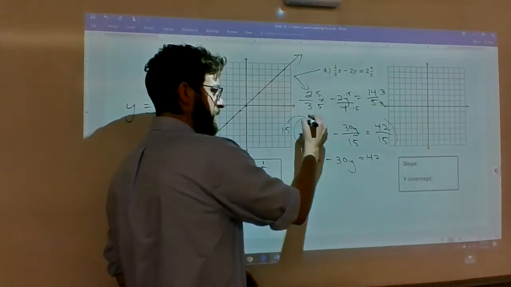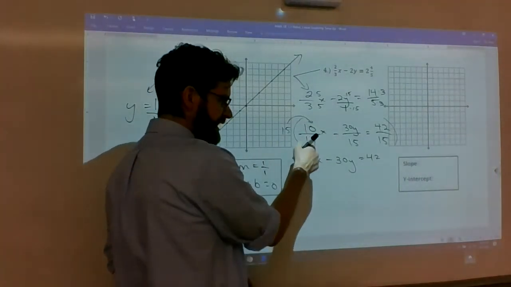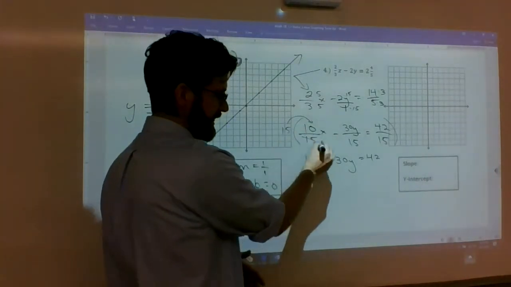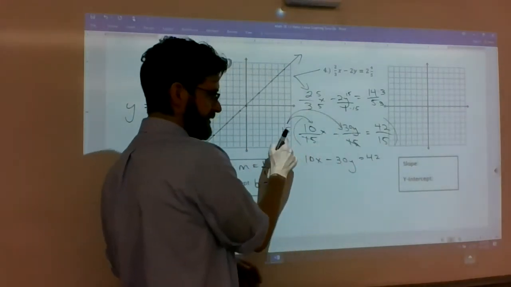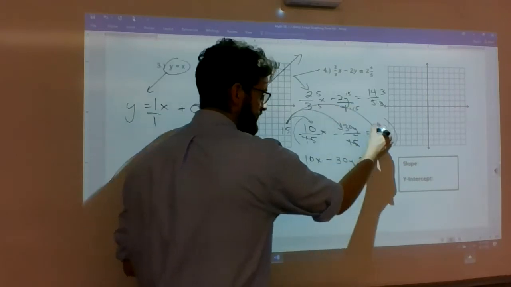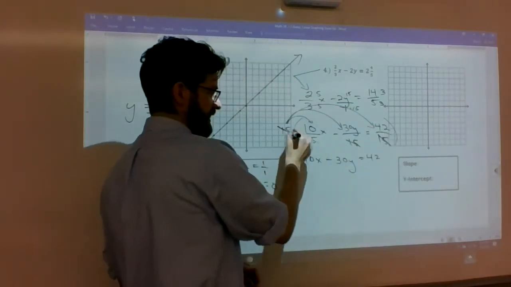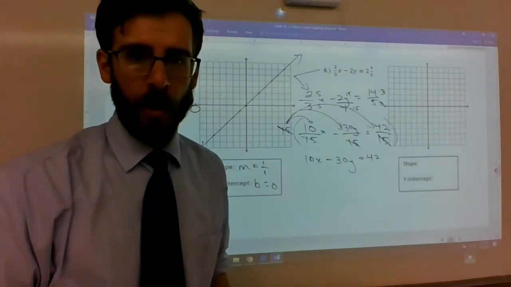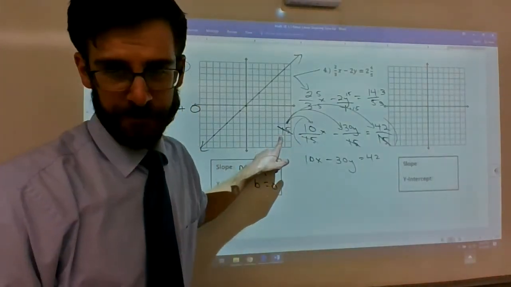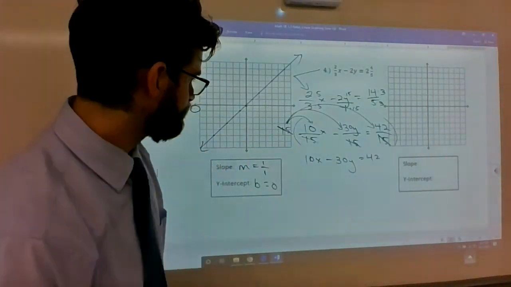If you take 15 times 10, then this 15 cross-cancels with that 15. If you take this 15 times that, this 15 cross-cancels with that 15. I just say ditch the denominators because it's a lot quicker than multiplying everything times 15 and doing the cross-cancellation.